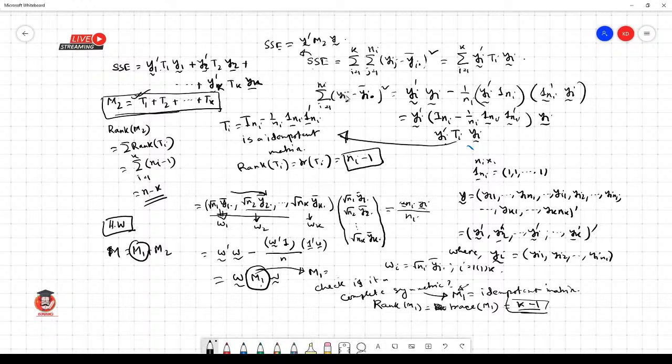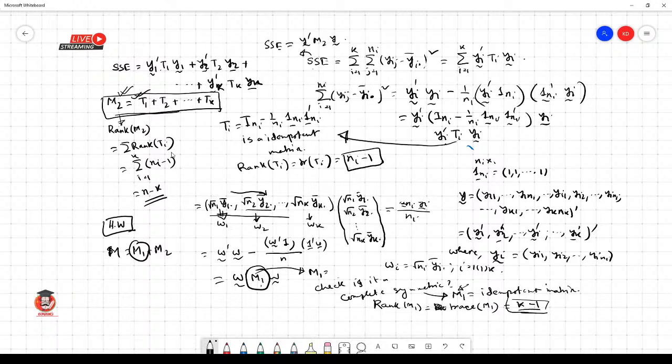Again, next you find M2. We already see that M2 is a sum of k complete symmetric matrices, and your job is to find the simplified form of M2. We see that the rank of M2 is nothing but the sum of the ranks of Ti, which is the sum over i from 1 to k of ni minus 1.